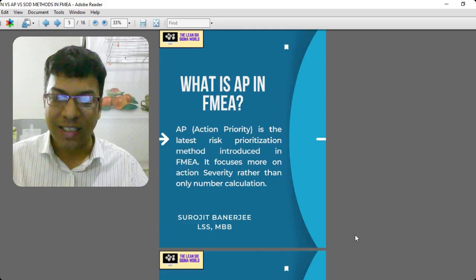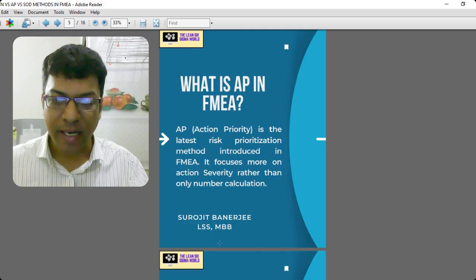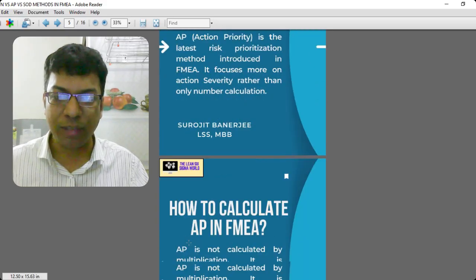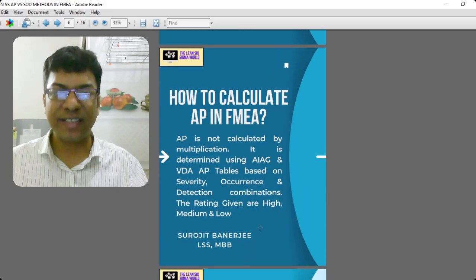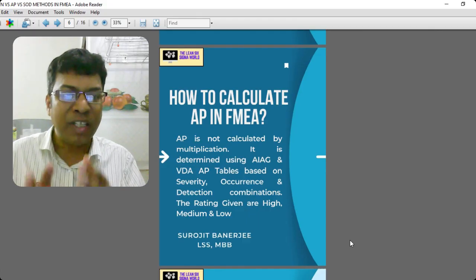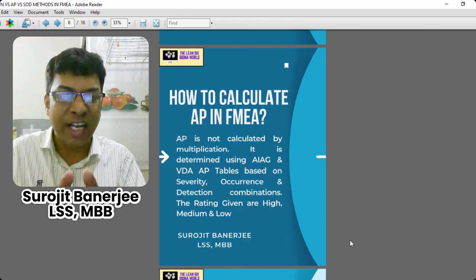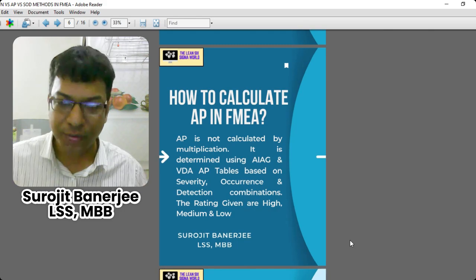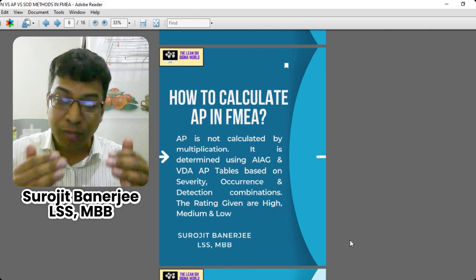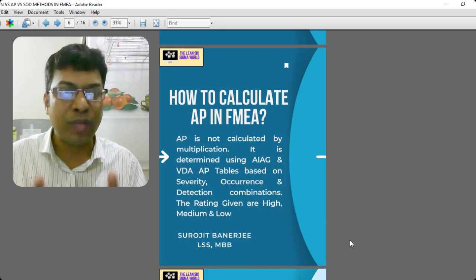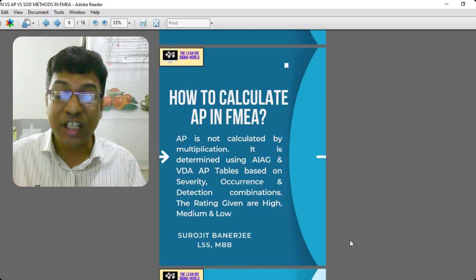Now I will explain how to calculate action priority. Action priority is calculated based on the action priority table given by AIAG and VDA in their first edition guidelines. From the table, we find out the action priority. Action priority is not a number.